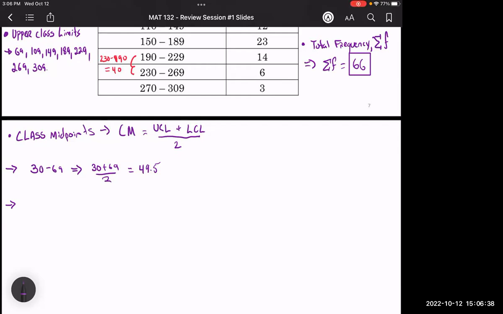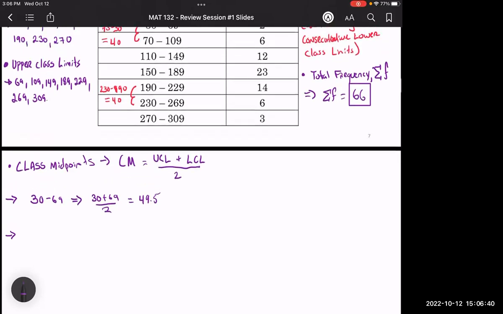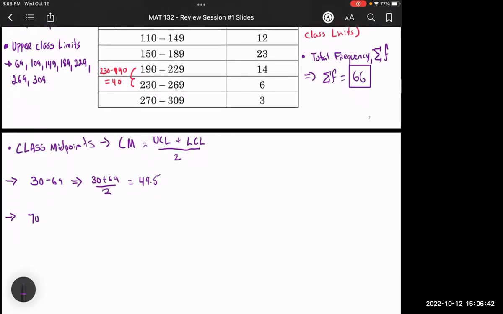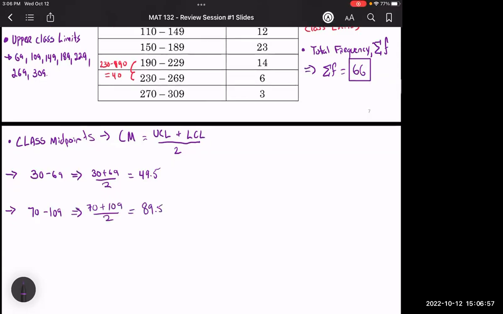So we did the first class. The second class was from 70 to 109. It's not 88. It's going to be 89.5, right? So it's 70 plus 109 over 2, which is 89.5. Let's look at the third class.